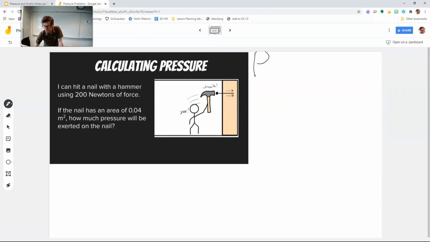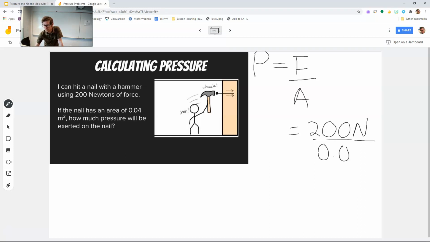So pressure is force divided by area. So the force is 200 newtons, and the area is given to us as 0.04 square meters. And then we just simply need to divide.